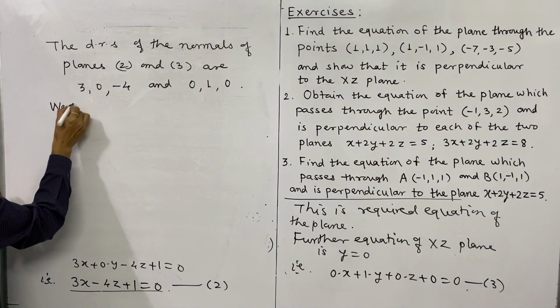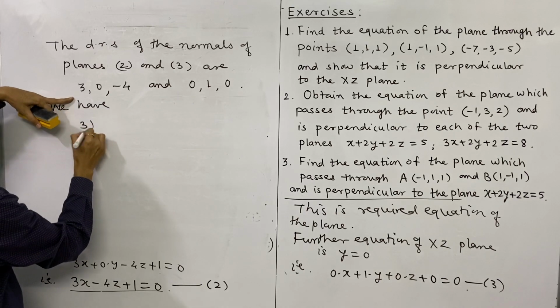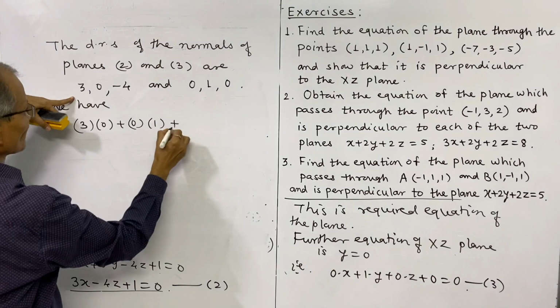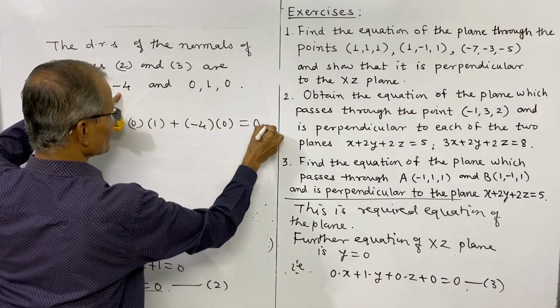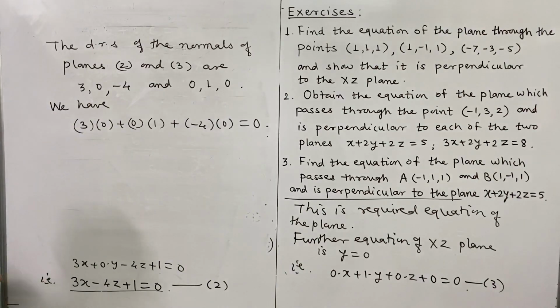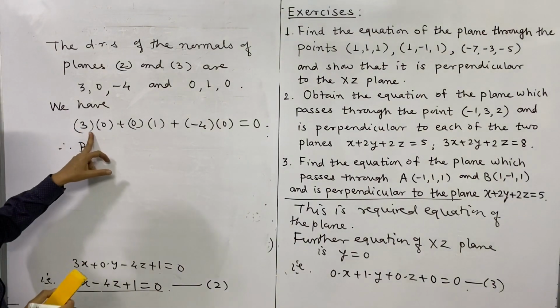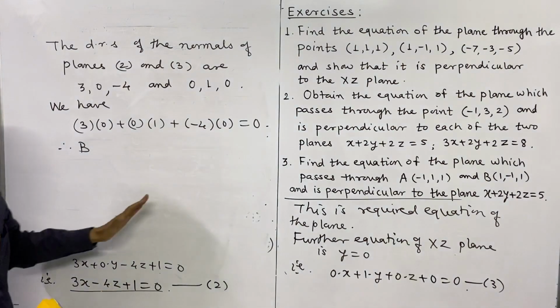So we have 3 into 0 plus 0 into 1 plus minus 4 into 0 is equal to 0. And thus by the condition of perpendicularity, the two planes are perpendicular. So we have seen this condition of perpendicularity: A1 A2 plus B1 B2 plus C1 C2 is equal to 0.